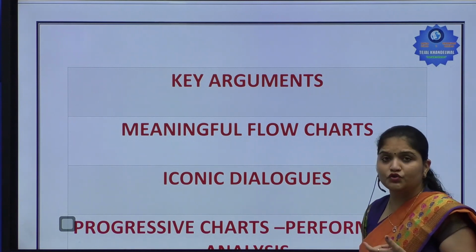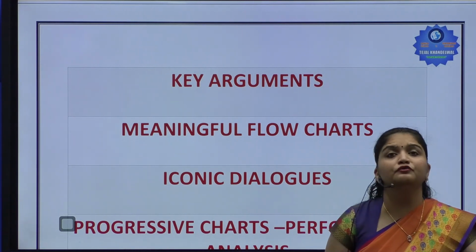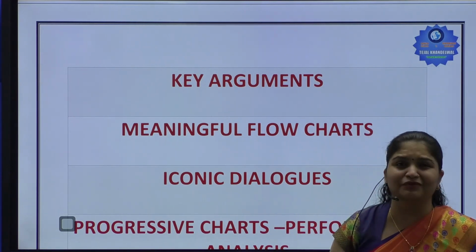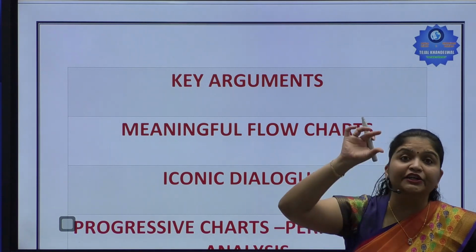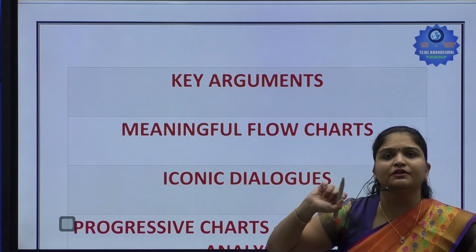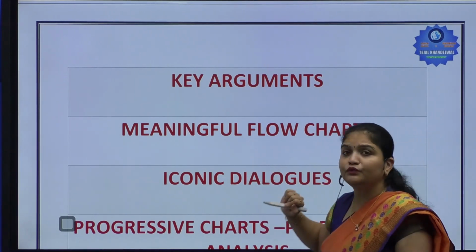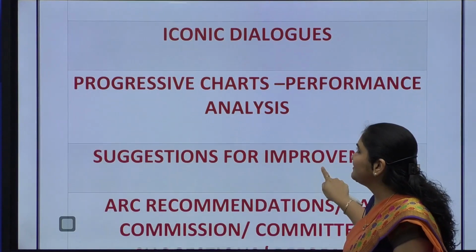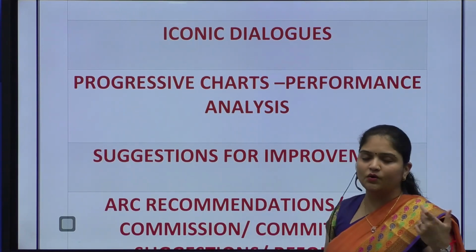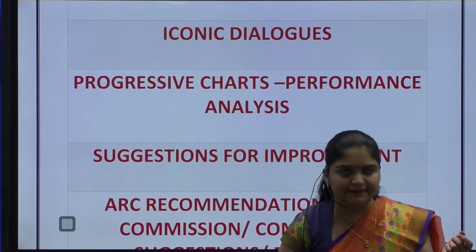Then meaningful flowcharts. I'll show you how to make meaningful flowcharts, not copied flowcharts, but by understanding the inter-components of the question itself. Iconic dialogues, as in dialogues from movies.